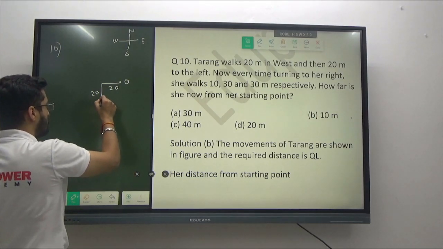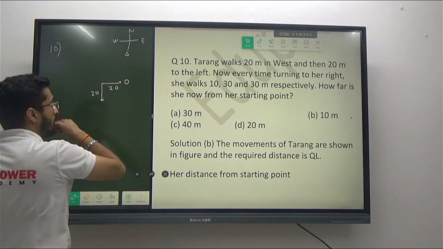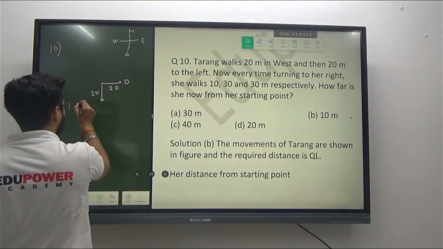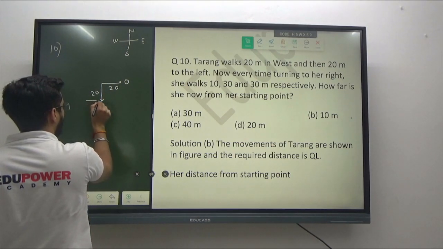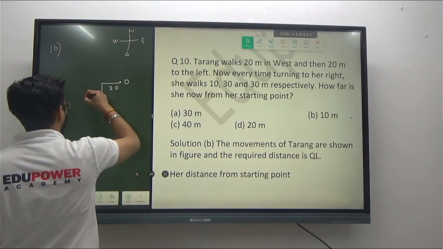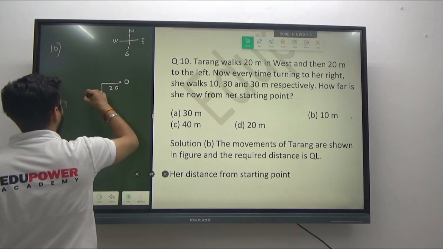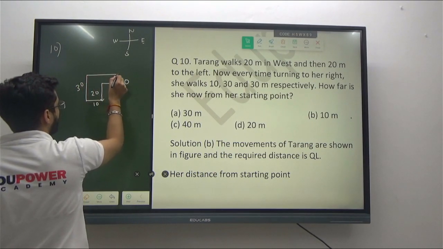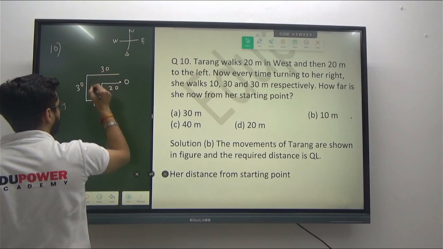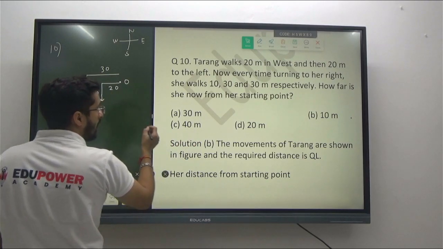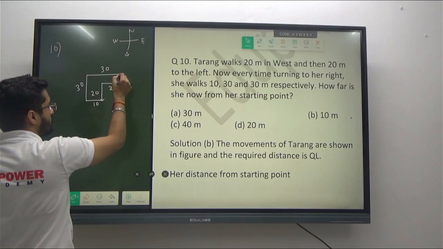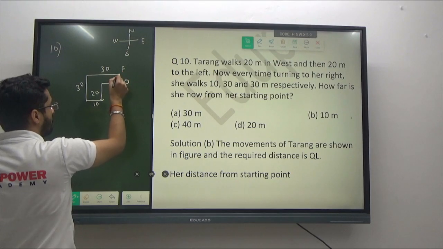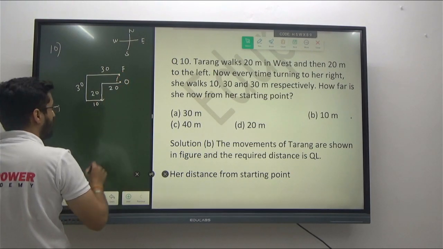Okay. Now, this way she is going. Now, again she will turn to the right this way. Okay. So, this is 10. Again turning to the right, this will be how much? 30. And again turning to the right, this will be how much? 30. Okay. How far is she now from her starting point? So, this is the final point. Okay. This is the final point.